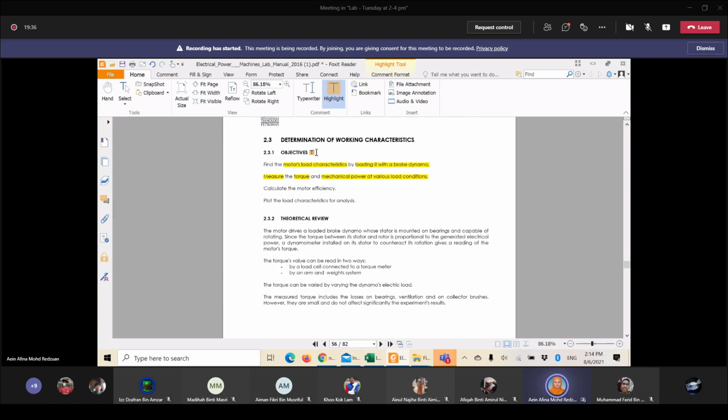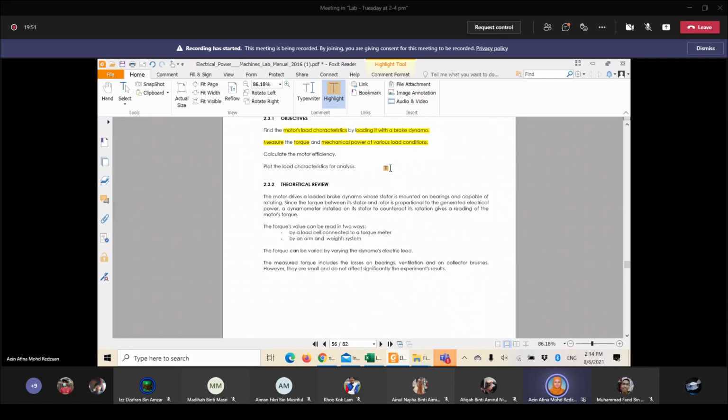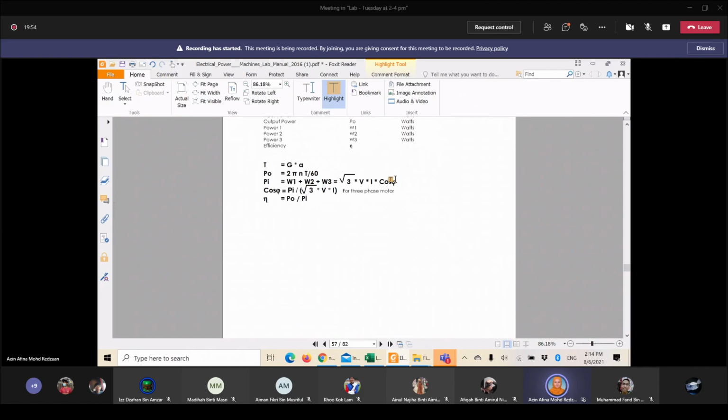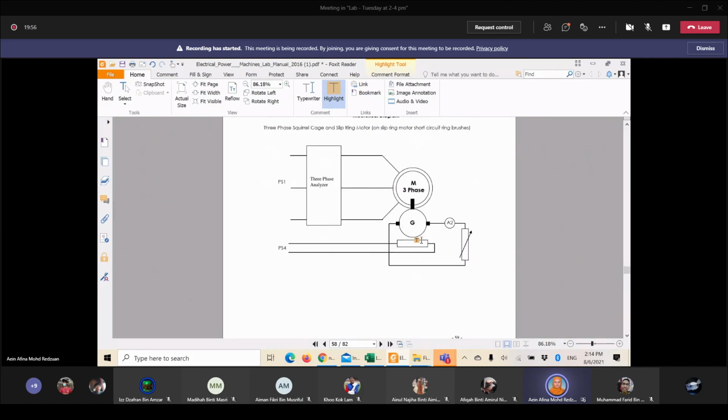Experiment 2.3, determination of working characteristic. What you guys do is to load it with the brake dynamo. You connect the brake dynamo with the motor, and the brake dynamo will be connected to a rheostat, and at the rheostat we will vary the load, because this time we are going to introduce the external factor, which is load.